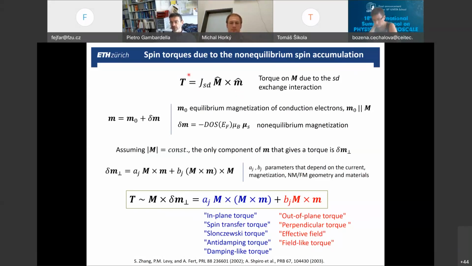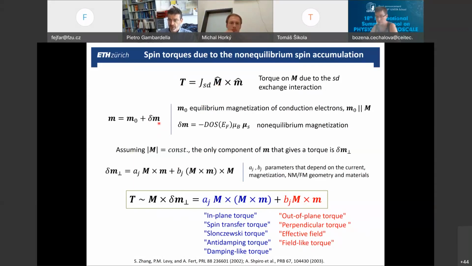And now this torque can actually be decomposed into two torques with different symmetry. Okay, essentially because the only part of the spin accumulation that matters is the one, this delta M, that is orthogonal to the magnetization in the ferromagnet.